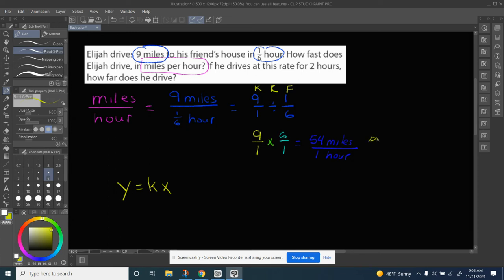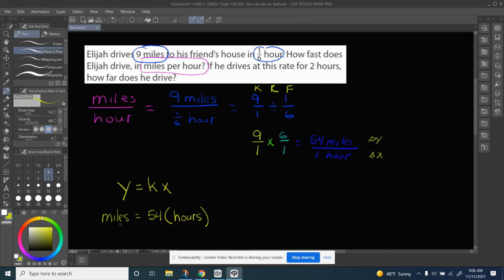Because this is our change in y over our change in x, by multiplying by the rate. So what I would do for this problem is I would say, okay, we're going to take the number of miles traveled, and that equals the rate of 54 times the number of hours traveled.